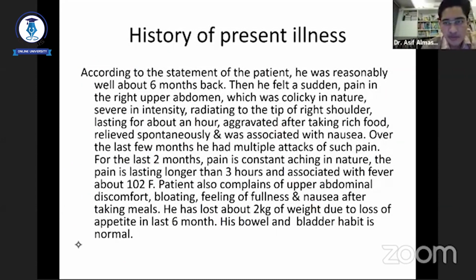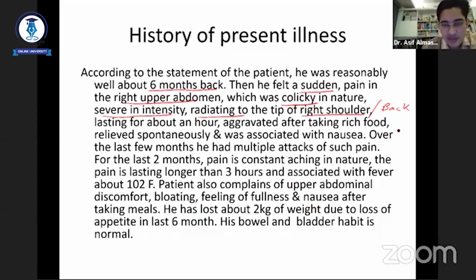According to the statement of the patient, he was reasonably well about 6 months back. Then he felt a sudden pain in the right upper abdomen, which was colicky in nature, severe in intensity, radiating to the tip of the right shoulder. It can also be just the back. Most of the time, the patient has difficulty in differentiating whether it's the back or the shoulder.